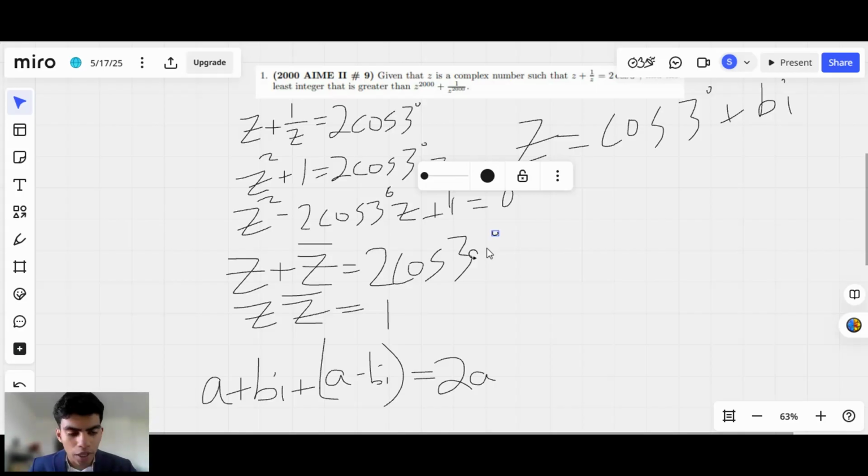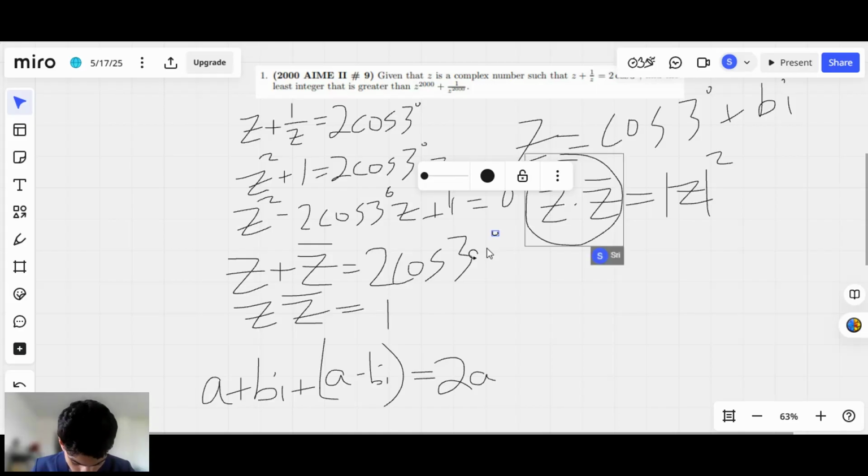Well, what can we do with that information? We know that z times its conjugate is always equal to the square of the magnitude of z. So then we can replace the value for this.